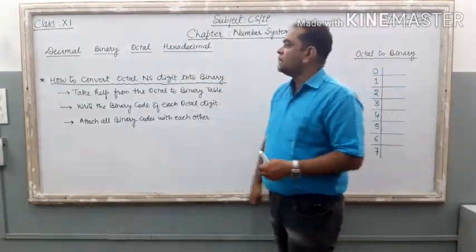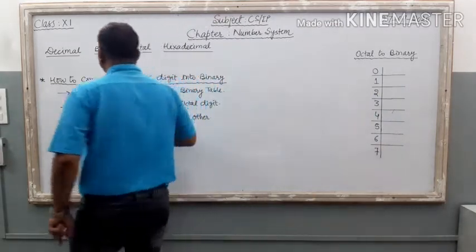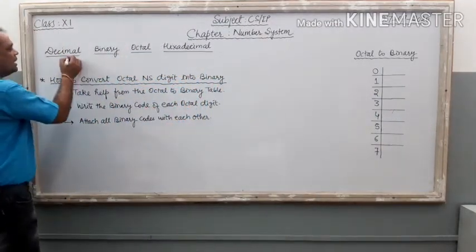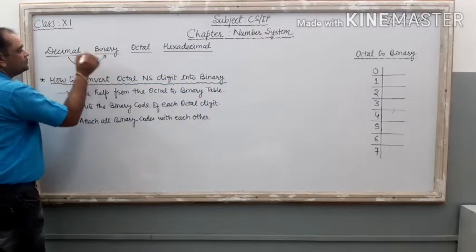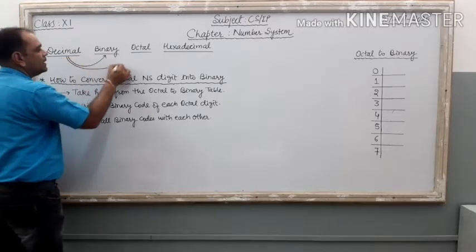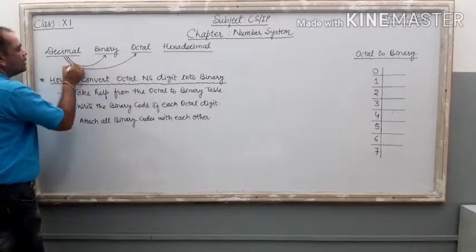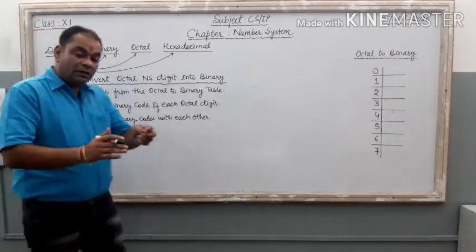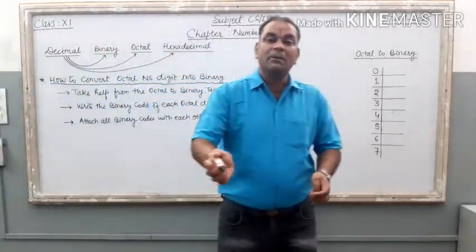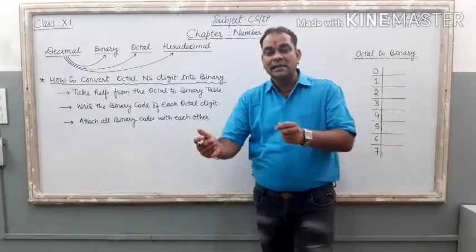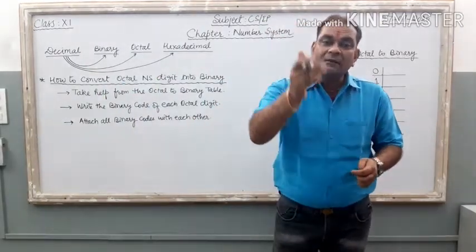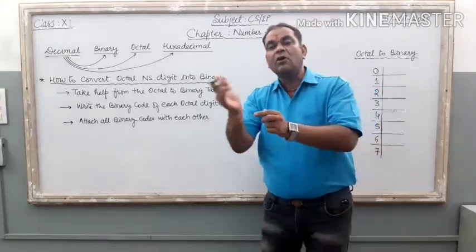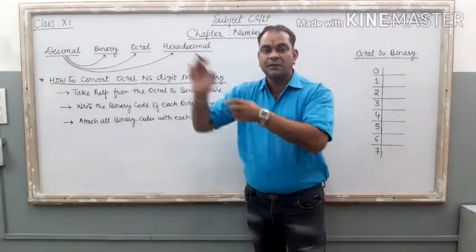In this converting part, we just completed how to convert a decimal number into binary, into octal, and into hexadecimal. For this concept, we apply the same method: multiple division by the base value of the specific number, right?